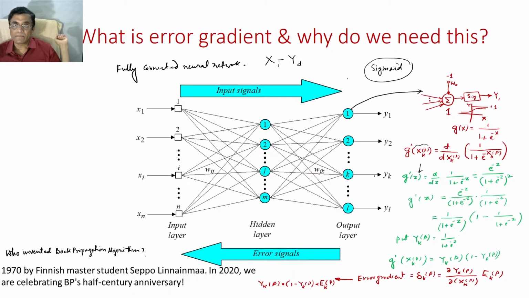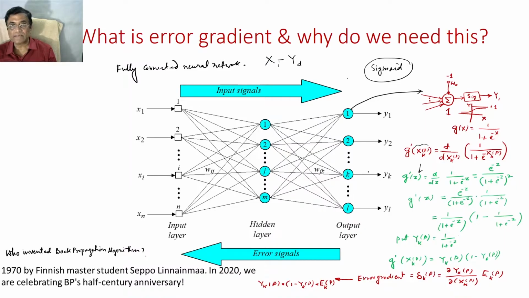Because the error here is contributed by many different outputs from the previous layer, and unless I know who has contributed how much, I cannot compensate them arbitrarily or equally, because my algorithm will not run efficiently in that case.